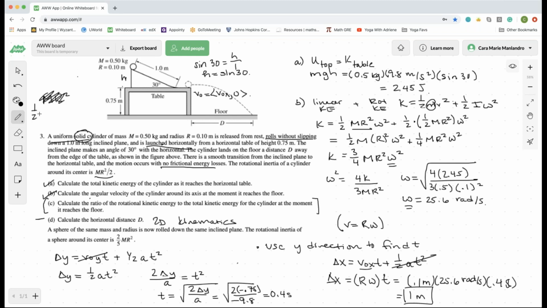So 1/2 mv squared becomes 1/2 big M, because that's the mass, and then linear velocity to angular velocity is r omega squared. So I just simplified that to 1/2 r squared omega squared. No problem.